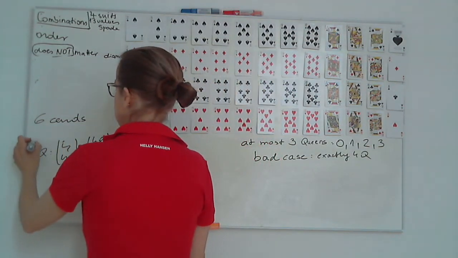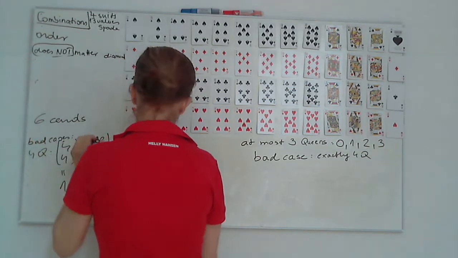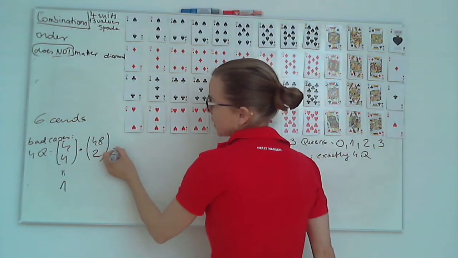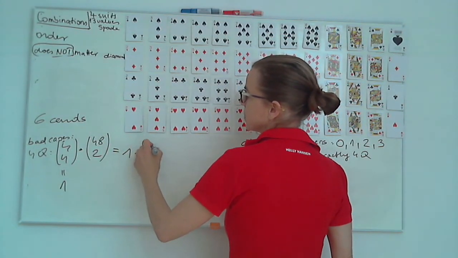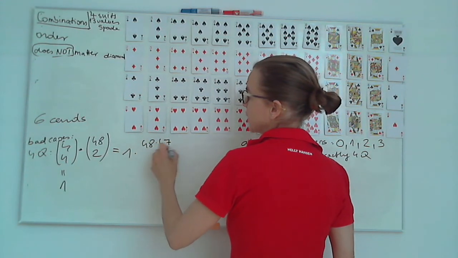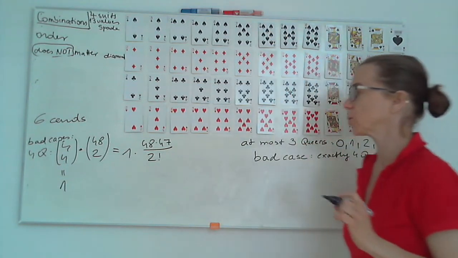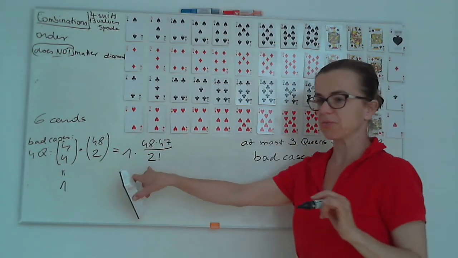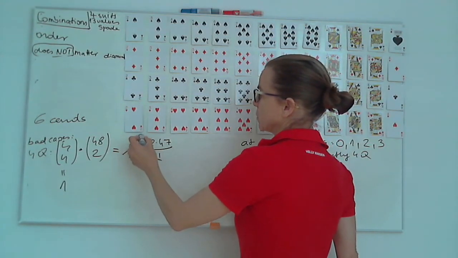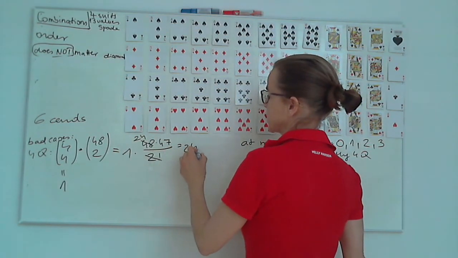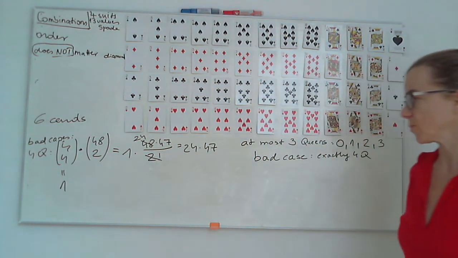Remember, these were the bad cases, and you have 4 queens. And this one we can calculate. That was 1. And I can write up what this means. It means the multiplication and divided by the possible ordering. Let me put here factorial so we remember where this division by 2 comes from, which is actually then 24.